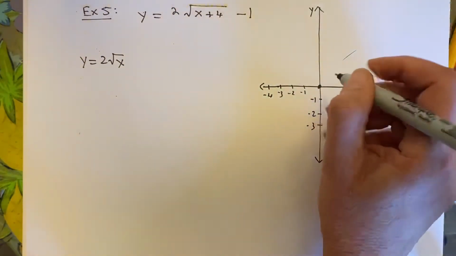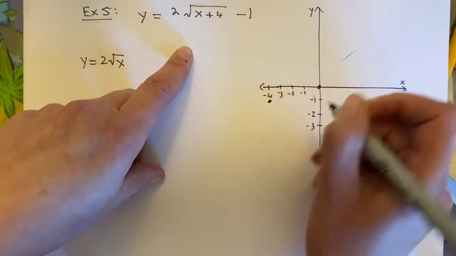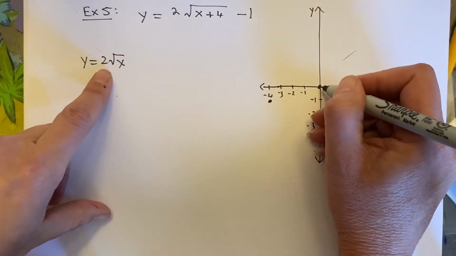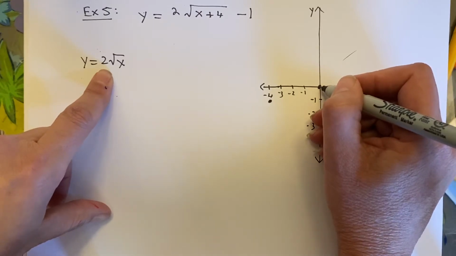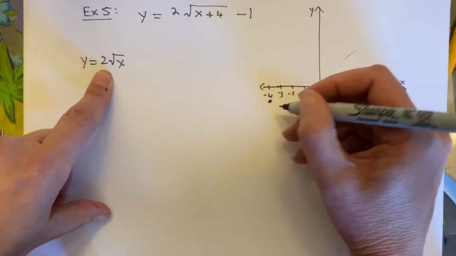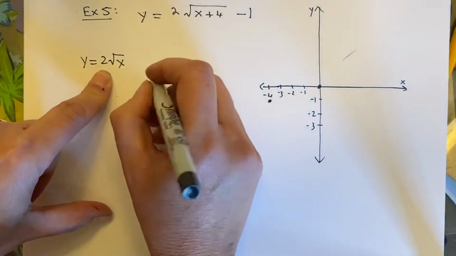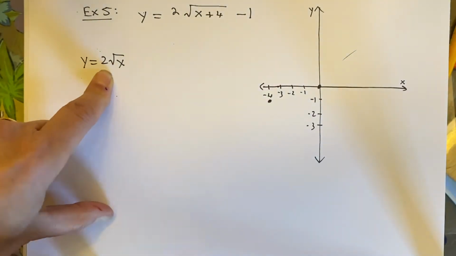And I'm going to guess that this is going to be down 1 over 4. So probably my function, instead of starting at the origin as y equals 2 square root of x would, is going to start here. And so now I've begun to set it up so that I can take some of my numbers and see what happens.